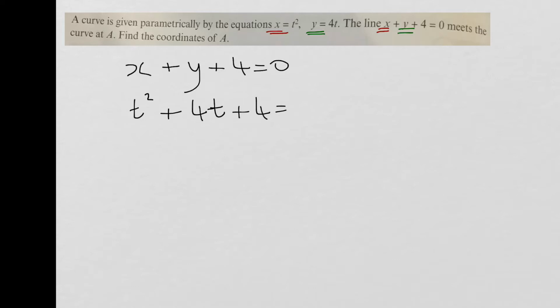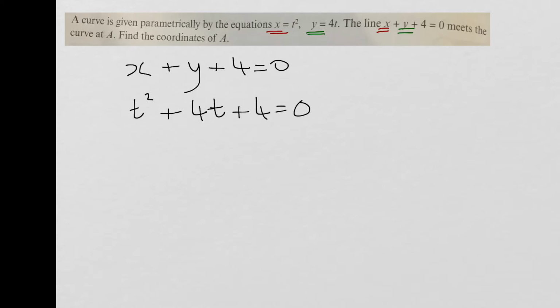So quite simply, what we're going to do to begin with is to substitute for the values of x and y. If I were to write this out, I've got x plus y plus 4 is equal to 0. Substituting in the value for x, I will get t squared instead. Substituting in the value for y, I'll get plus 4t, and then plus 4 is equal to 0.